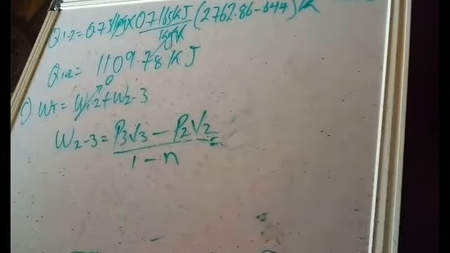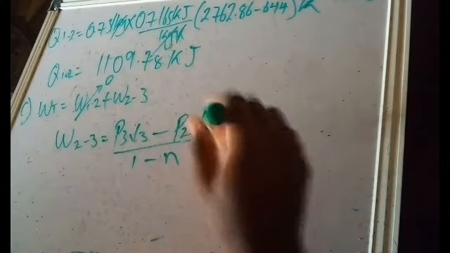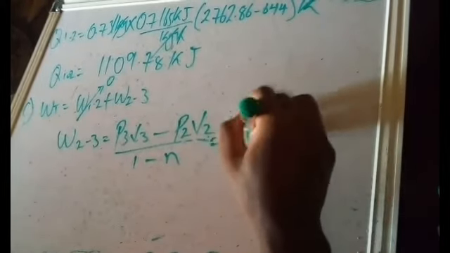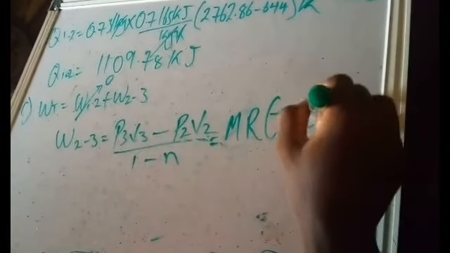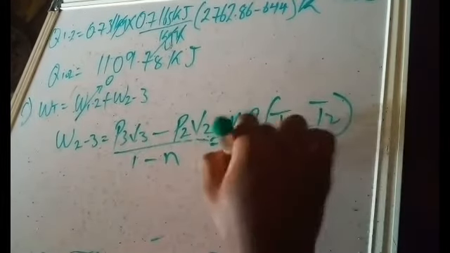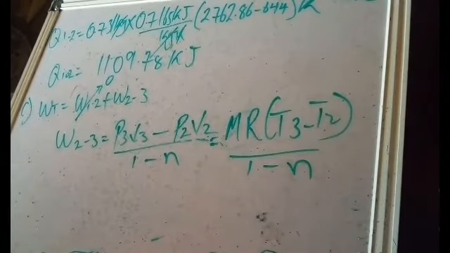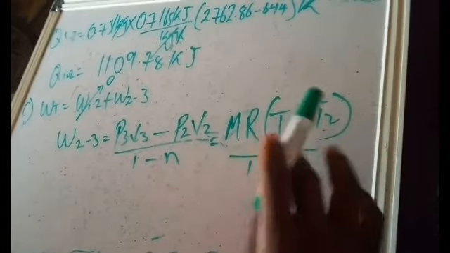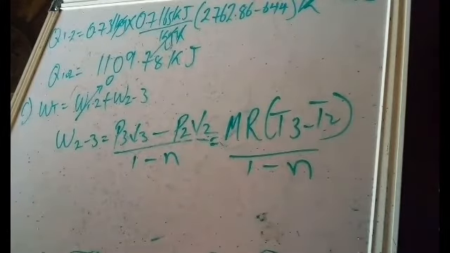We also know that work done is also equal to mR(T3 minus T2) over (1 minus n). Do you remember this formula? We have m, we have R, we have T3, we have T2. So we can always input that to get our answer.